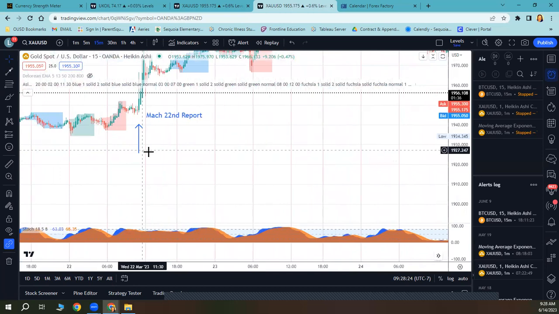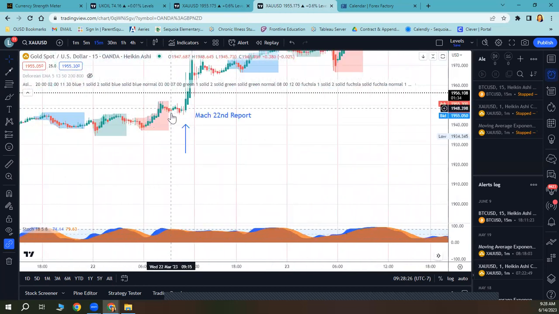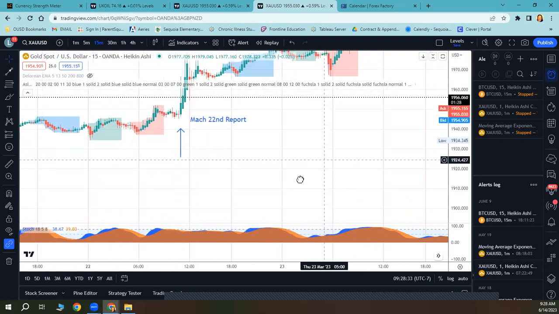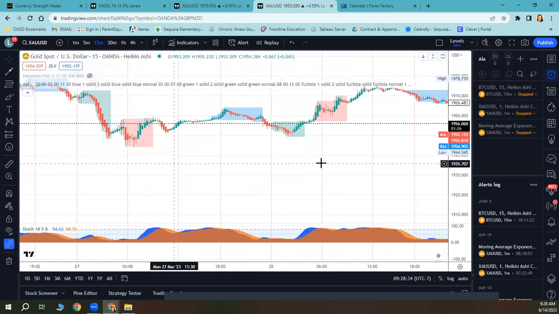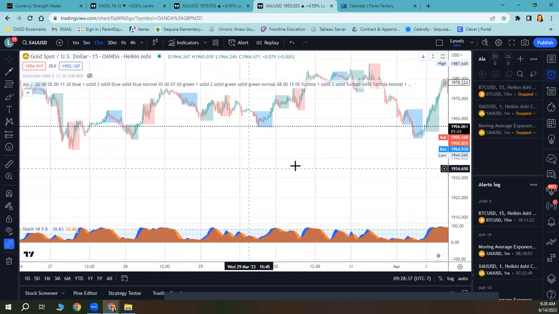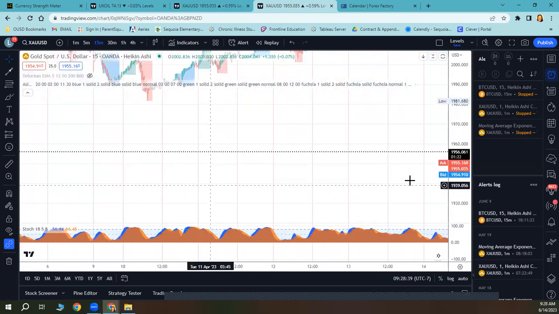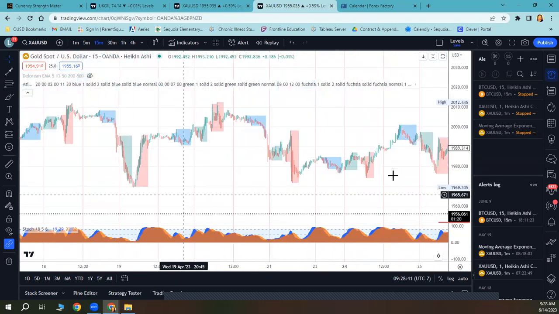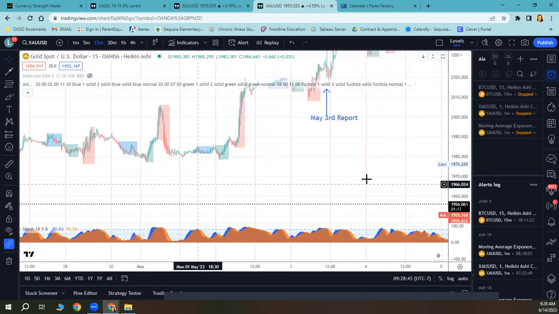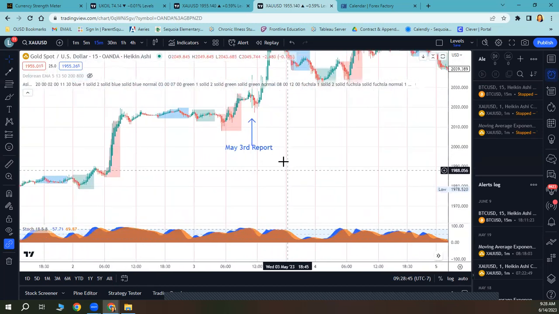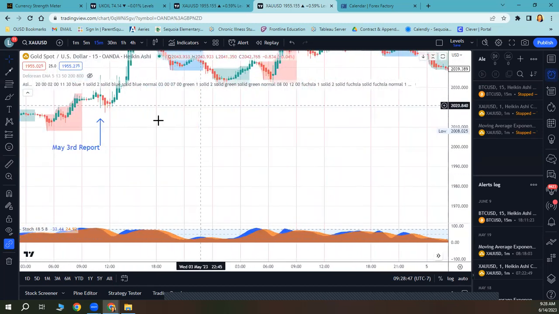So that's the only thing, yeah. You see, so this market kind of consolidated, but it was in the area of where, okay, if it buys, it's safe, right? If it sells, I'm not going to be wicked in. So that was March the 22nd. So now let's find May. Okay, and then so May the 3rd, again, the market is kind of high, right?